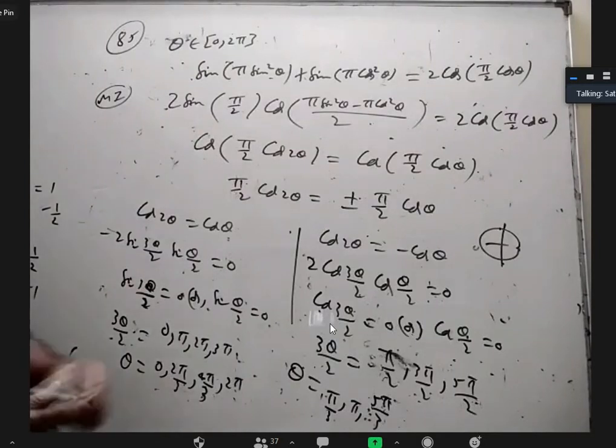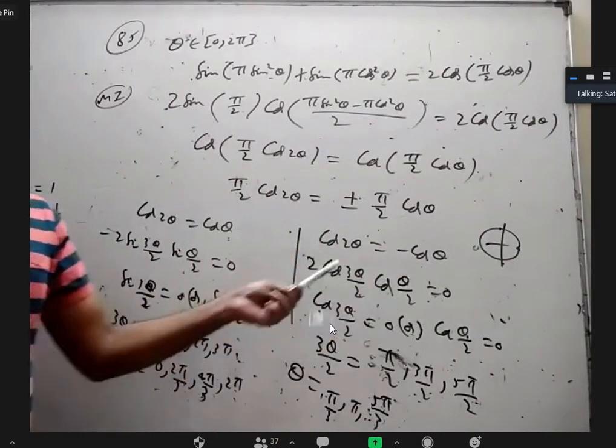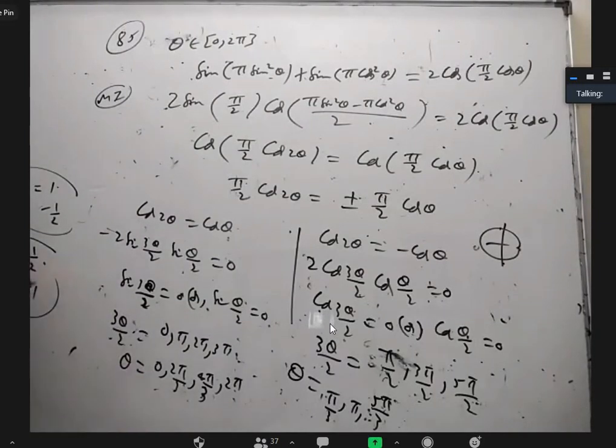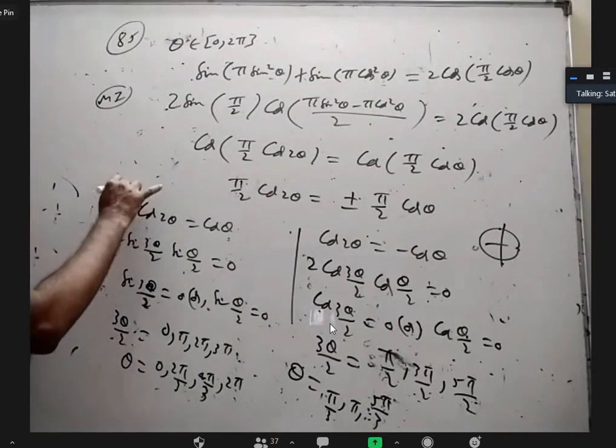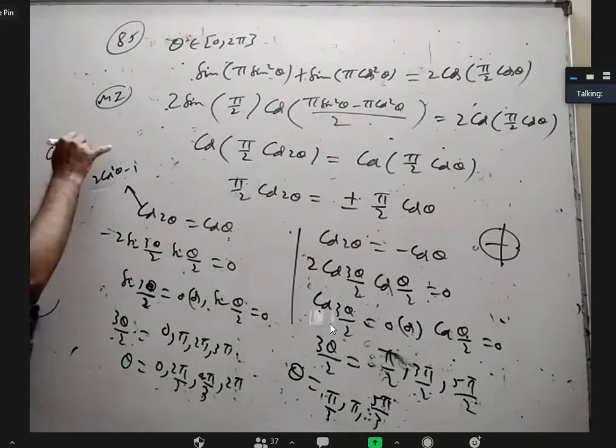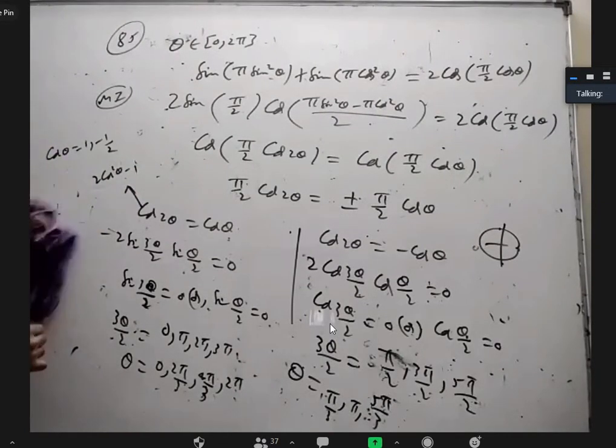So if you take this as 2 cos square theta minus 1, treat it as a quadratic equation, you will get roots as 1 by 2 and minus 1. Write 2 cos square theta minus 1 quadratic equation, you get roots as 1 and minus 1 by 2. So if somebody writes here 2 cos square theta minus 1, they'll get cos theta equal to 1 comma minus 1 by 2.